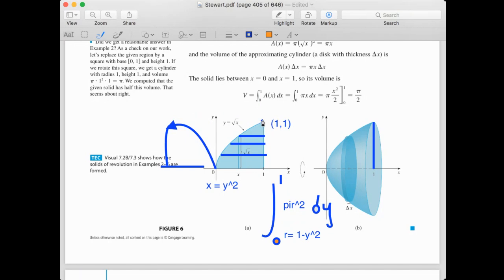We need to figure out the length of this. Let me change my color. You see, this is our radius.